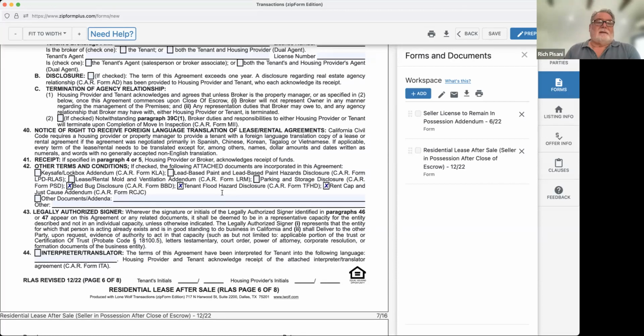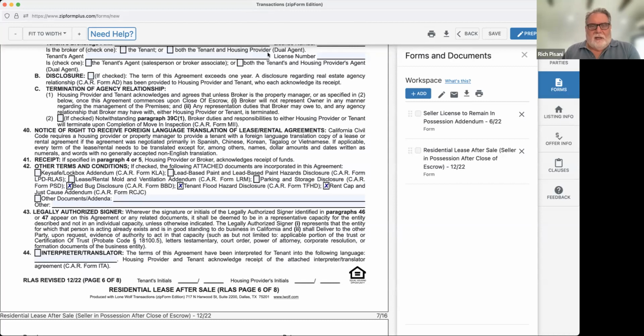And you could change that to broker duty and responsibility to either housing provider or tenant will terminate upon the completion of a move-in inspection. You can change that to move-in inspection as opposed to at close of escrow. So that's really important.